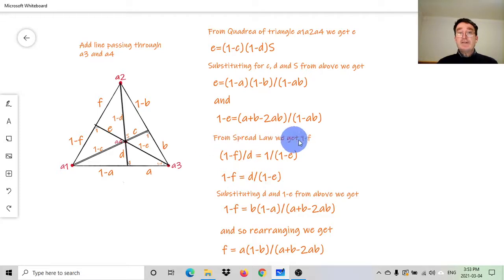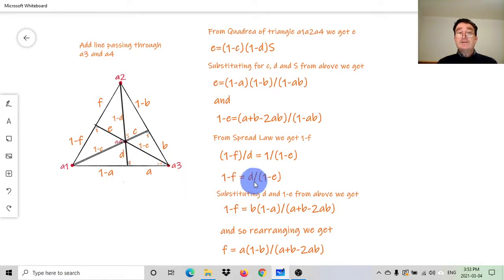Also from the spread law, we get 1 minus F, the value here. Because these quadrances are both equal to 1, that 1 minus F there is equal to the spread down here. So by the spread law, we have 1 minus F, the spread here, divided by D equals 1, the spread here, divided by 1 minus E, the quadrance of this segment.